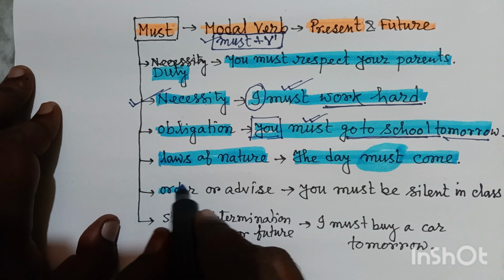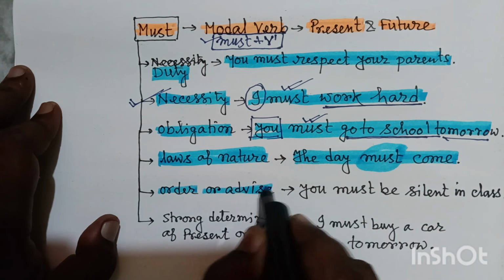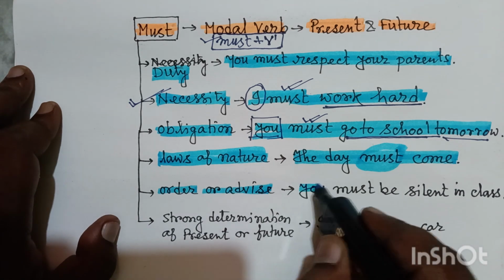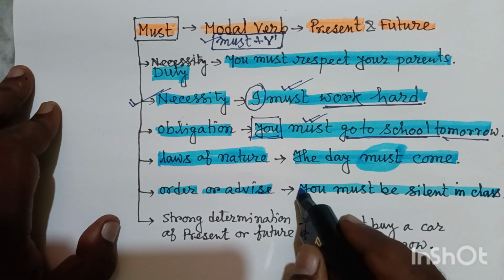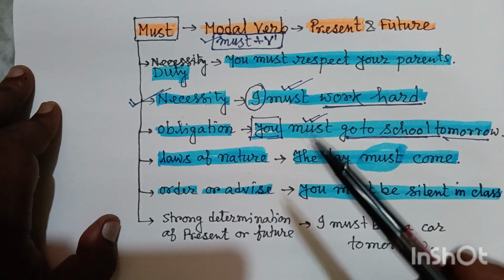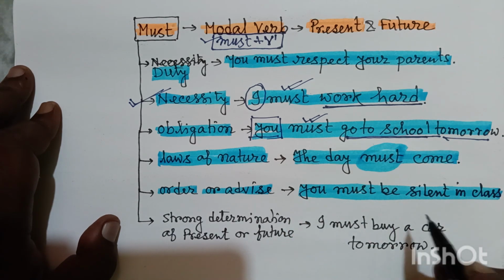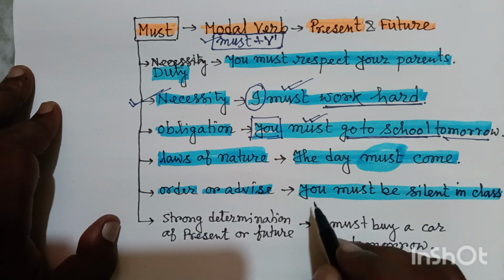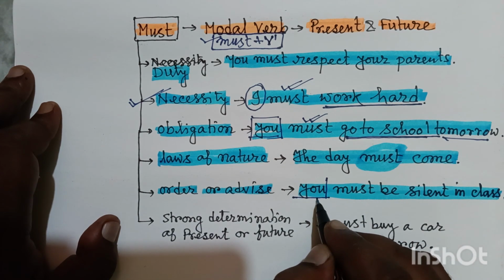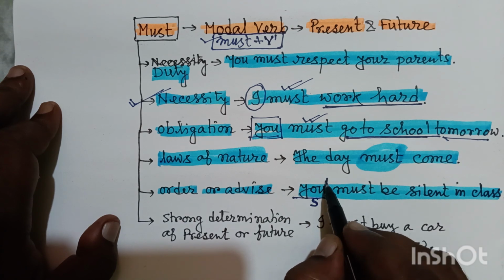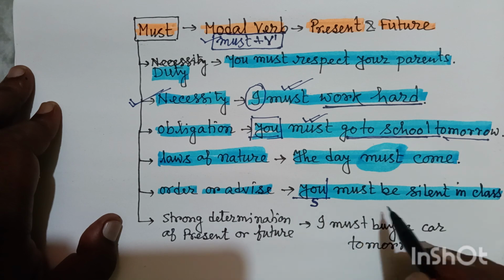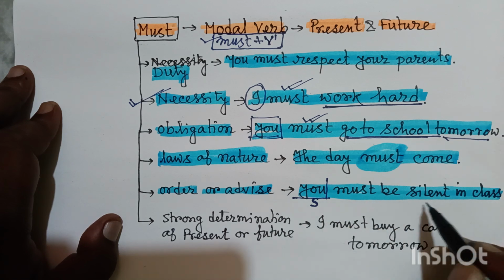Again, to express order or advice, we can use the word must. You must be silent in class. Maybe the teacher or some other person advised us not to talk in class. Here you can see this subject is advised by some other person that he must be silent in class.